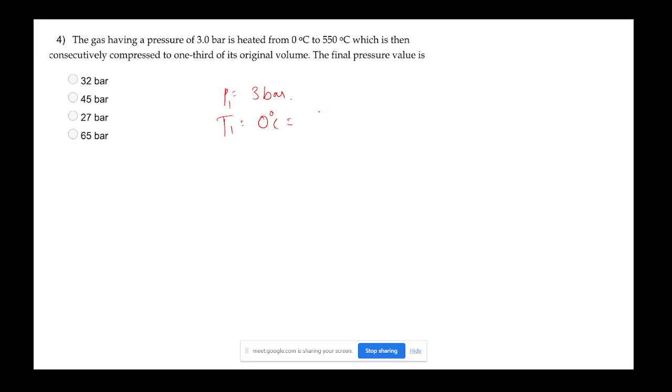You have to remember one thing, it is always advisable that temperature is usually measured in Kelvin, so it is 273.15 Kelvin. T2 is, it is heated from 0 to 550.